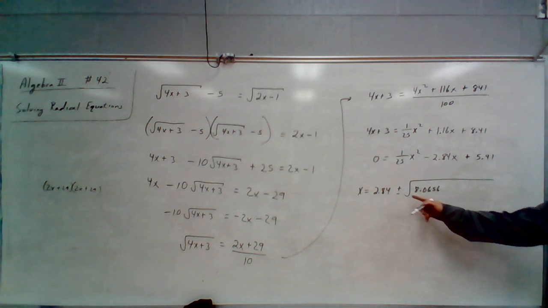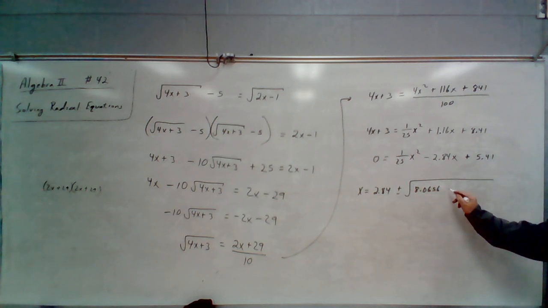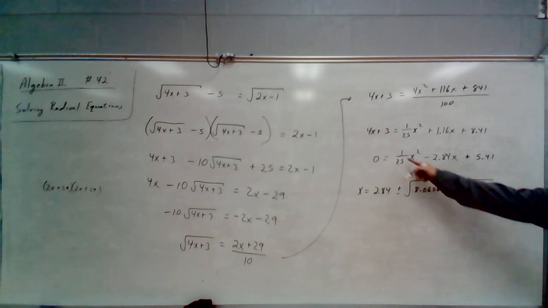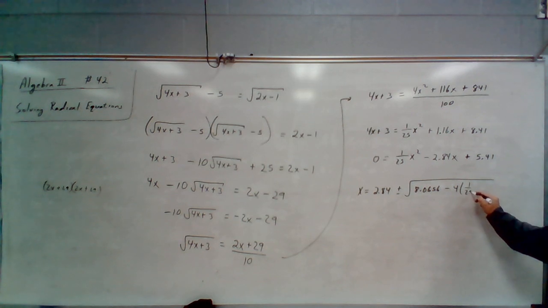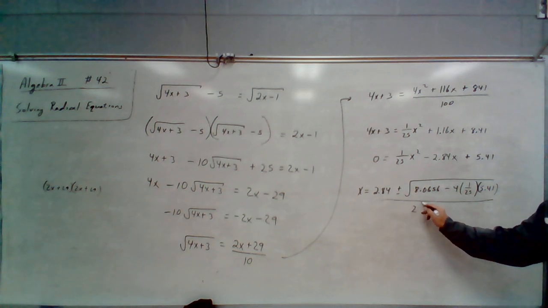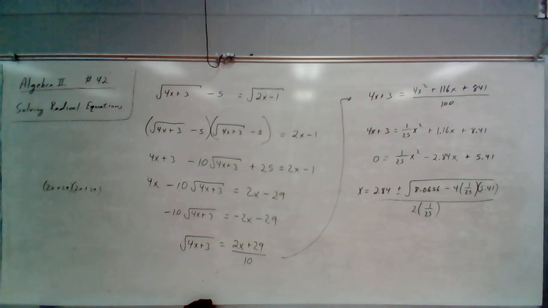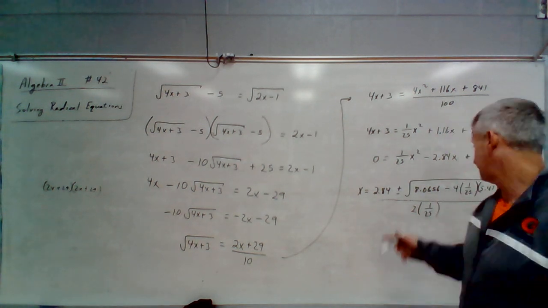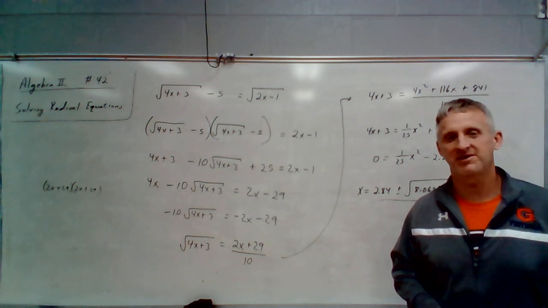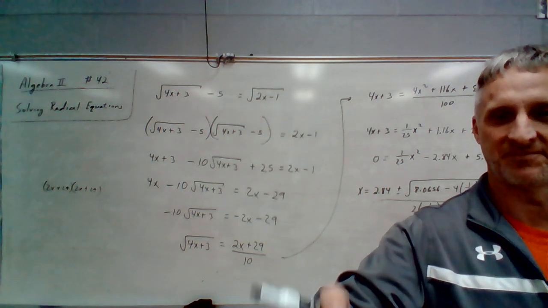So that's negative b plus or minus square root of b squared minus 4 times a times c, all over 2 times a. All right, so I'm going to pause the video here and I'm going to work all this mess out on my calculator and then we'll see what we get.